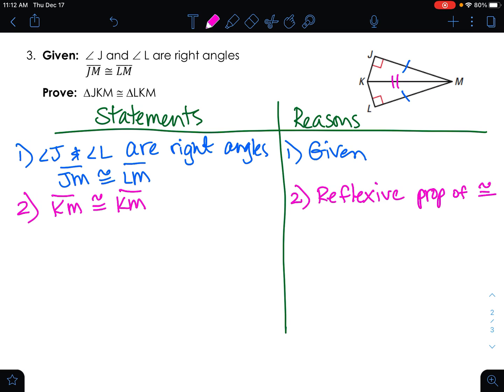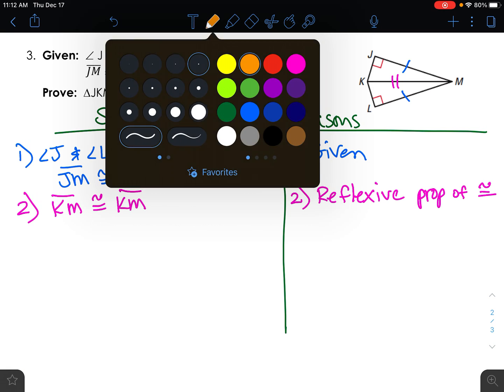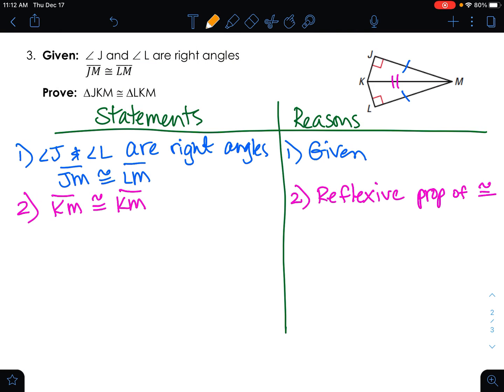But in a proof, it's very formal, and I need to establish that that's happening. So, because I'm starting in my given that I have a right angle, I need to say something that talks about what I know the definition of a right triangle to be. So here's what we need to write next before we finish with HL.